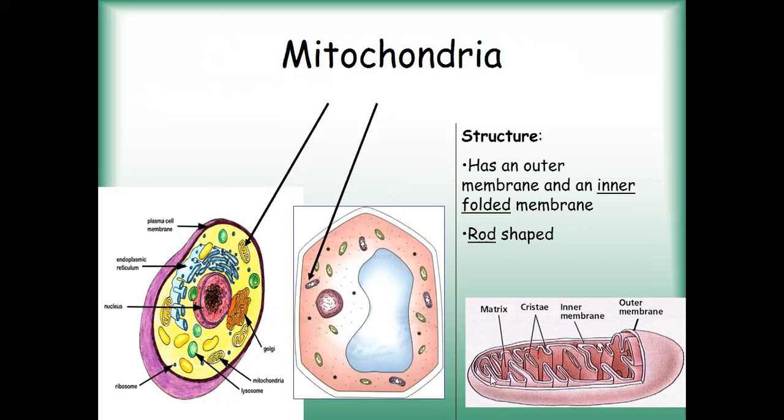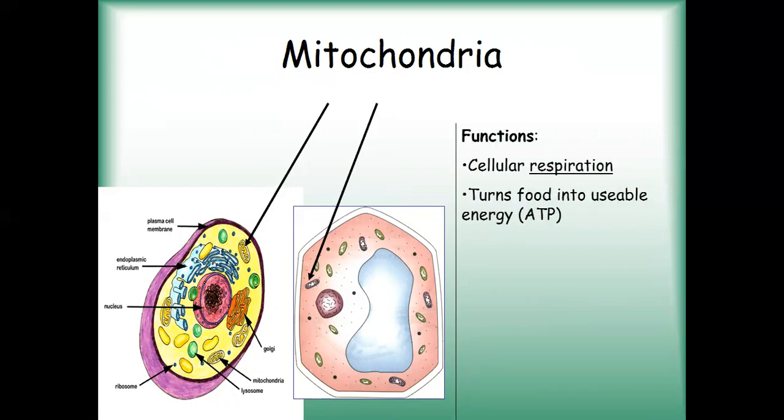This is a section of mitochondria which is shown. The inner membrane is folded, and these foldings are known as cristae. So the inner membranes of mitochondria are always folded and they are known as cristae.